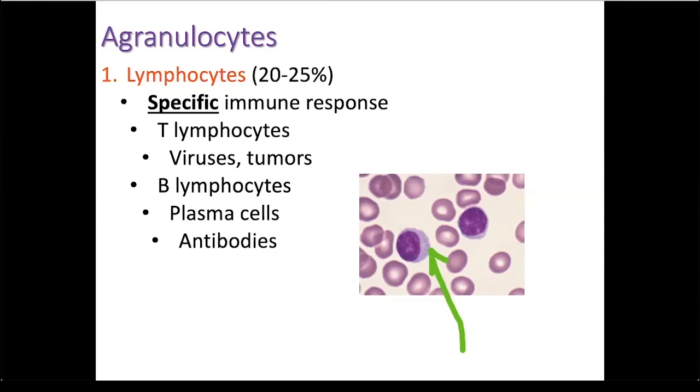We'll talk about the function of antibodies later. Notice their nucleus is either shaped like a circle or like an oval. So the nucleus is spherical with a small blue halo of cytoplasm around it. Always look for that blue halo.